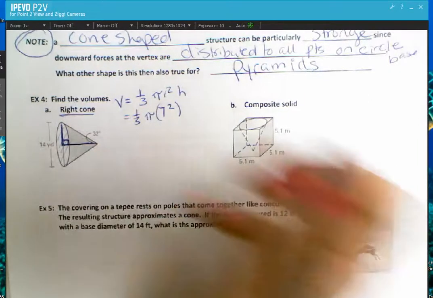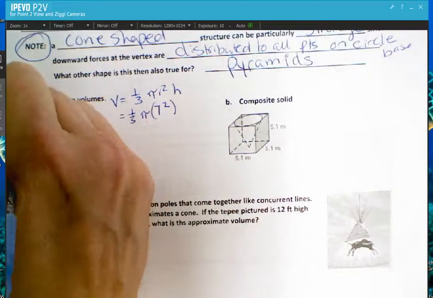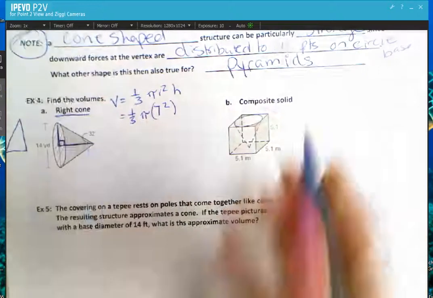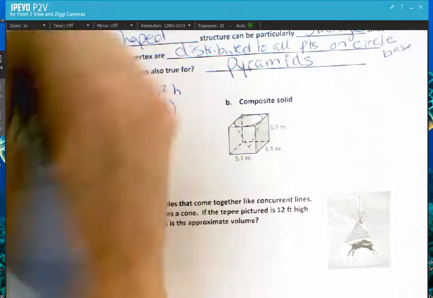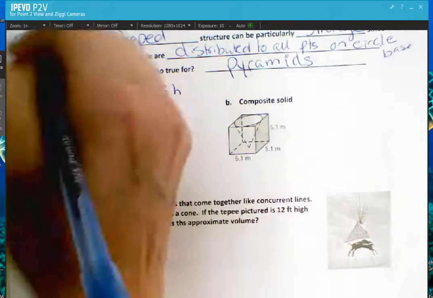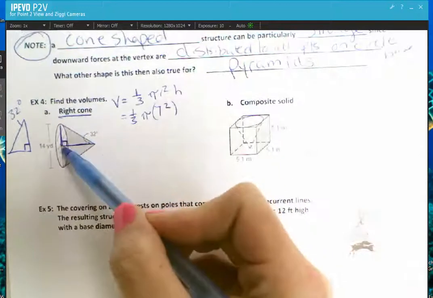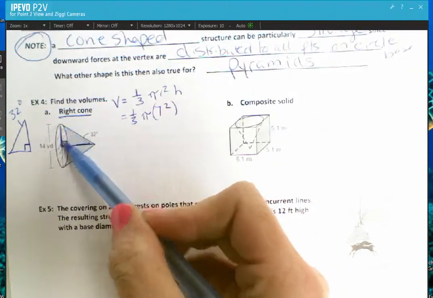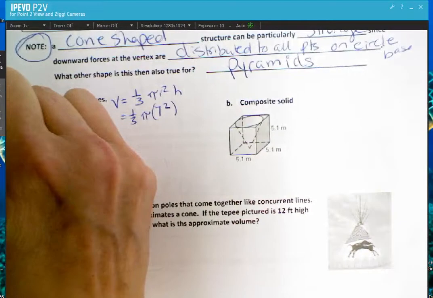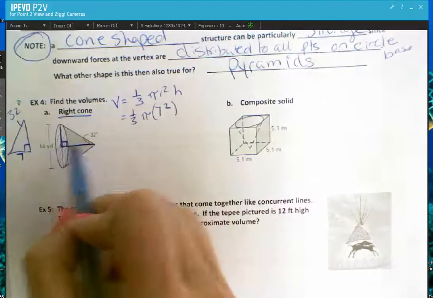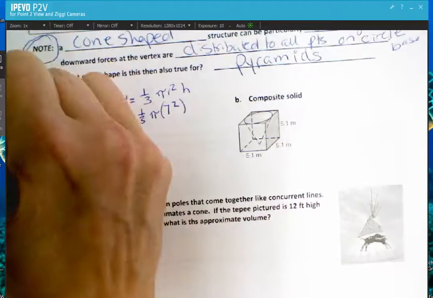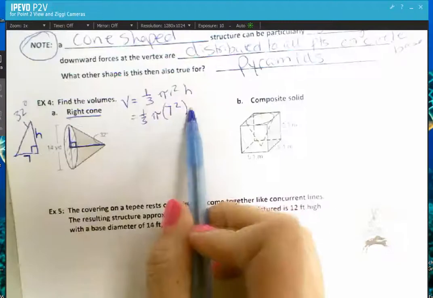I'm going to pull out this right triangle. They told me this angle is 32 degrees. It's a right triangle. And I know that from the center to the side is the radius of the circle, so that's 7. The height is hanging out here, this perpendicular piece, which is what we need to find to put into our original equation.